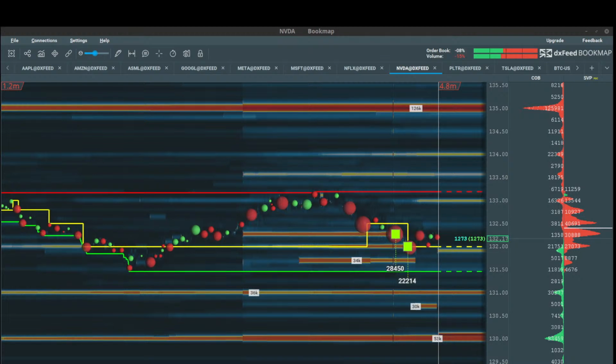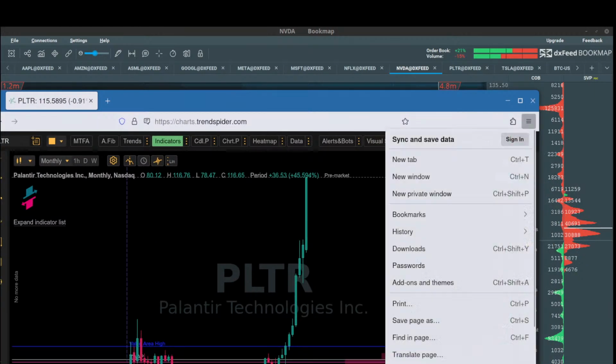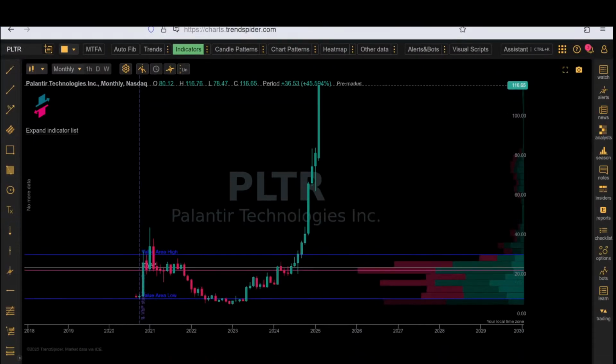All right, so I've got that set up. What we'll do here is start on Palantir, and then on the next run, we'll use the big charts, and then we'll zoom in for everything. I'm going to set this up as a full screen app, and we can just pivot between them.